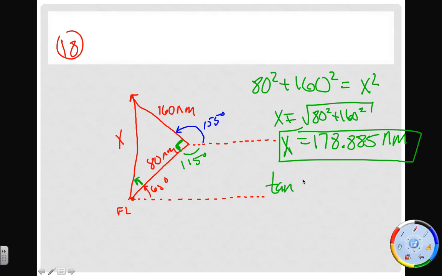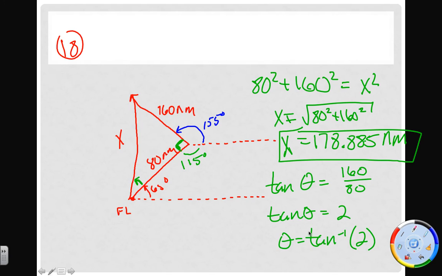Tangent of my green arrow, which is theta, is equal to 160 over 80. Well, that's nice because I can simplify that before I do anything. Here is some inverse trig, finally, because I need to figure out an angle. Theta is equal to tan inverse of 2, because I can't do this one in my head.